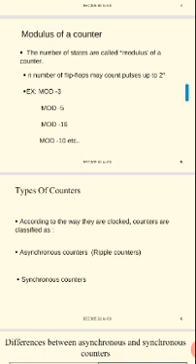Asynchronous counters are also called ripple counters. Based on clock arrangements, they are differentiated: asynchronous counter and synchronous counter.